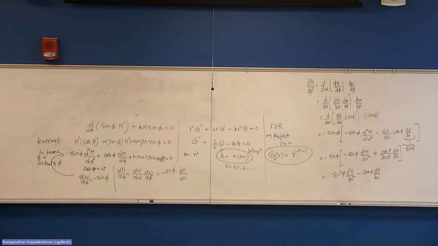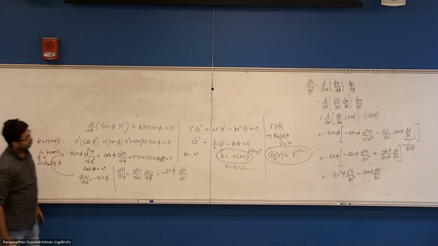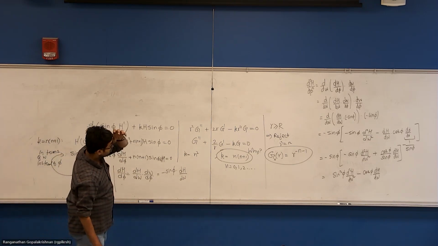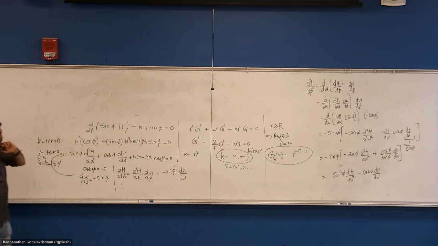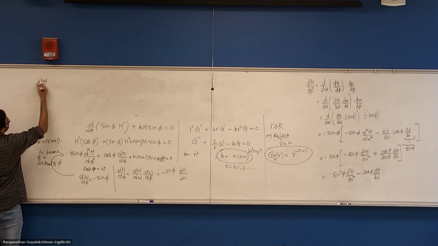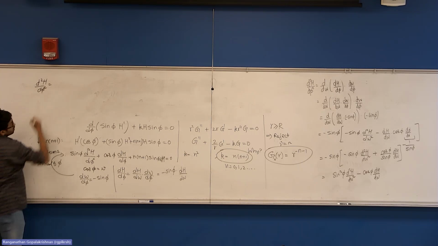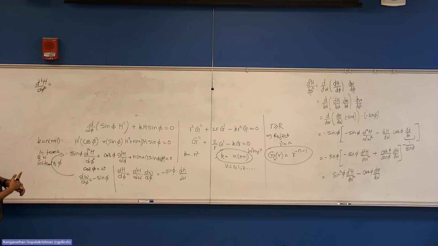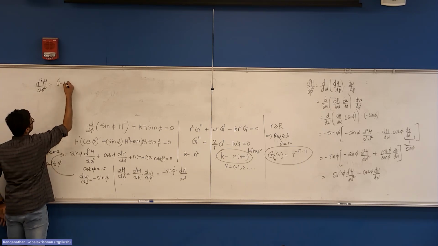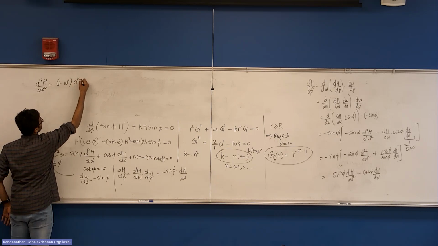All right, so let's try to regroup here. So d squared h over d phi squared is equal to, what is sine squared phi? It is 1 minus w squared times d squared h over dw squared.